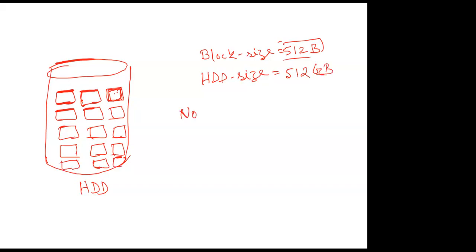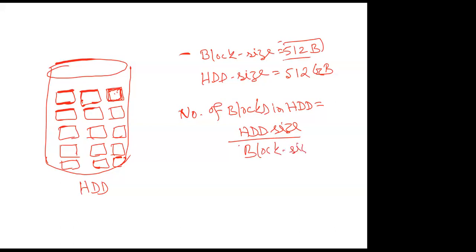So the number of blocks inside the hard disk is nothing but your HDD size divided by the block size. Okay, this is the block size. If you divide the HDD size by the block size, then you get the total number of blocks inside a hard disk.